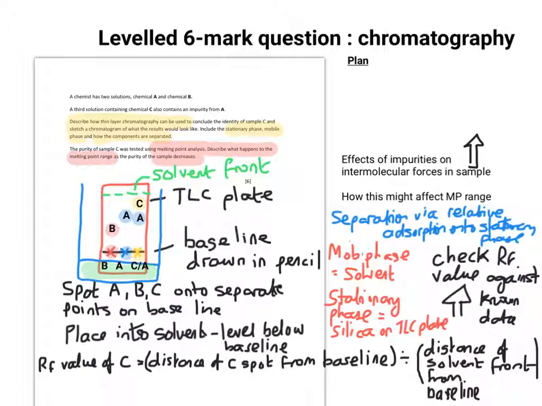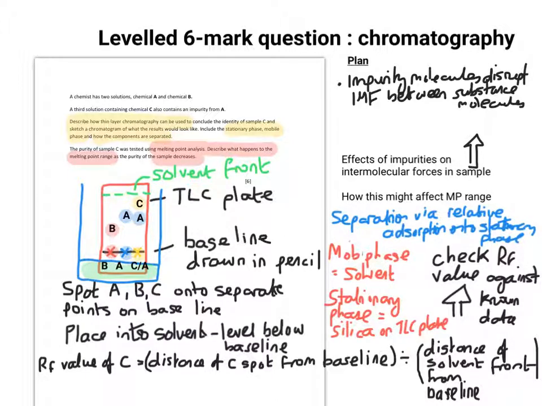So let's have a look at the effects of impurities on intermolecular forces in the sample. The impurity molecules will disrupt the IMFs between the substance molecules. We're taking our substance to be the actual substance you think is there. If there's an impurity present, it's going to disrupt the intermolecular forces, whether they're London forces, hydrogen bonds, whatever, between the substance molecules.